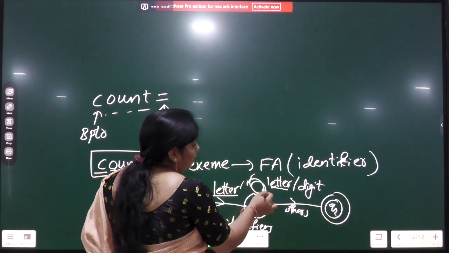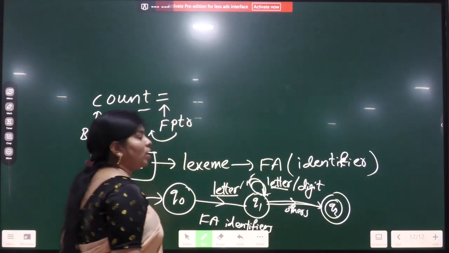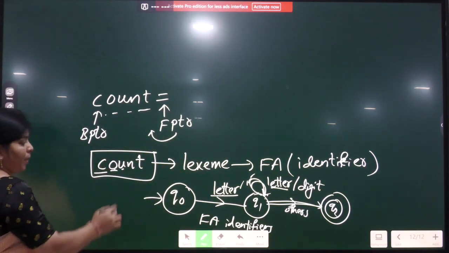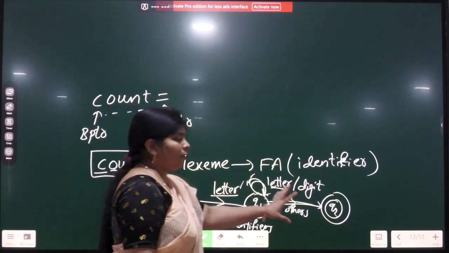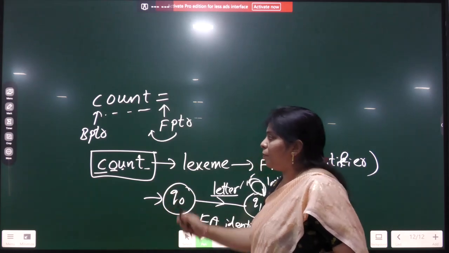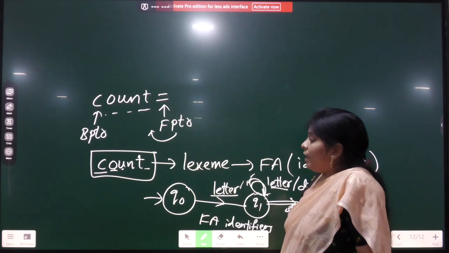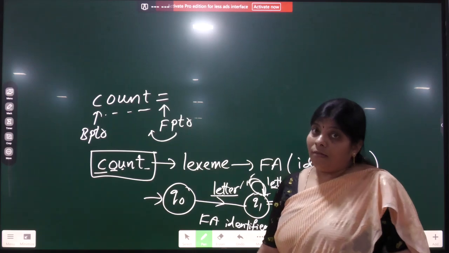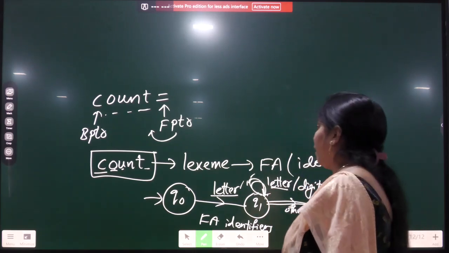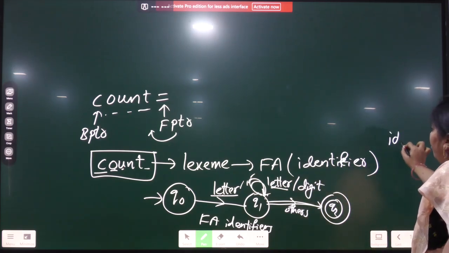Whenever T has been completed, it goes to the final state, because no other symbol is there in the input buffer. So there is no symbol left in the lexeme, and we can say that COUNT is matched with the token and identified as an identifier, ID 1.